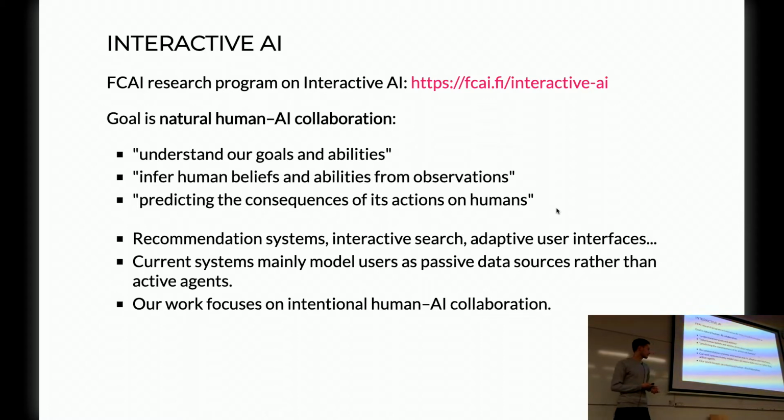They just take, for example, clicks and use some statistical model to find some patterns in the interaction. So, our focus in this work is intentional human-AI collaboration, so that the human knows that it's interacting with an adaptive system.